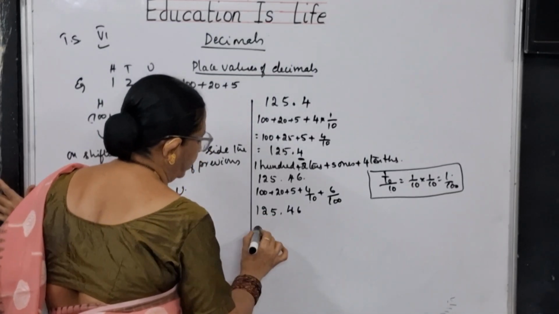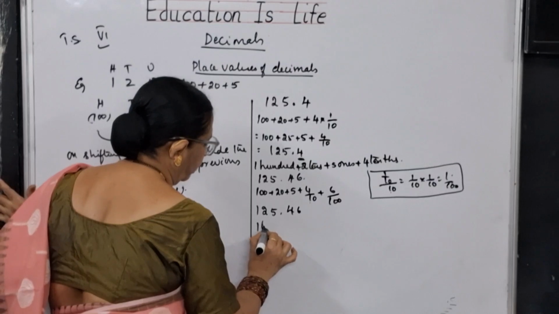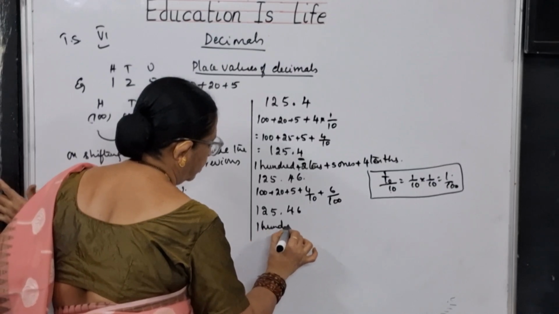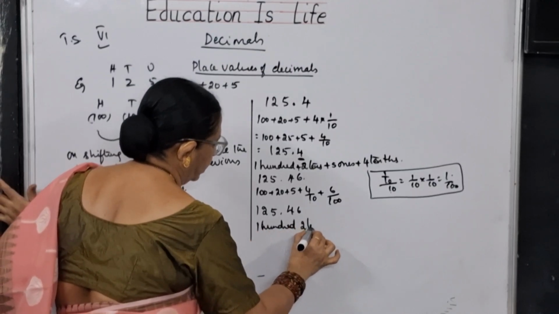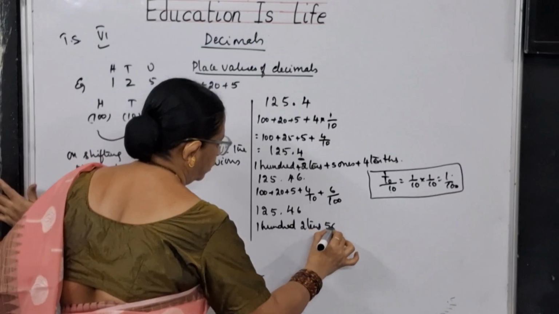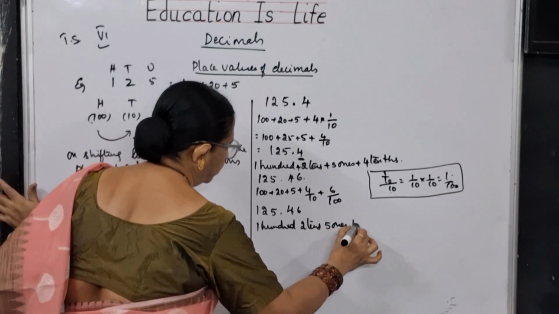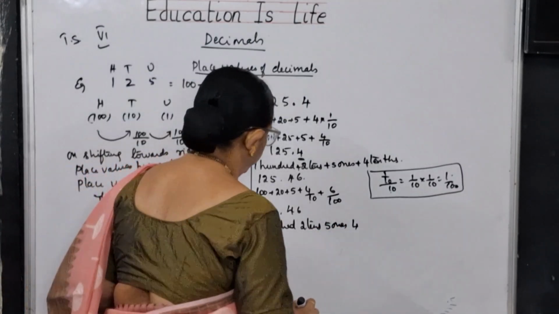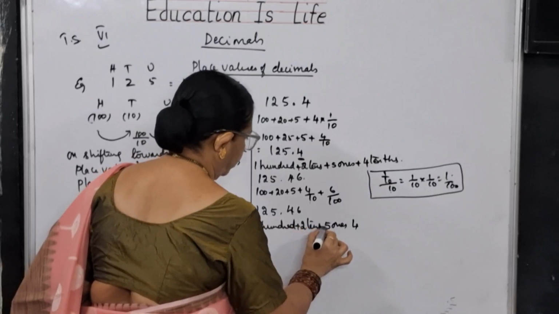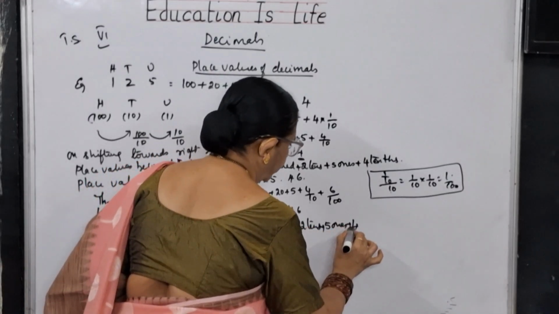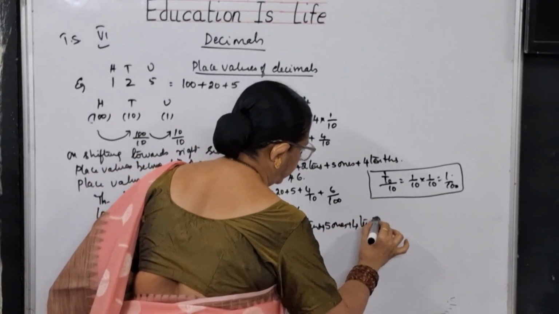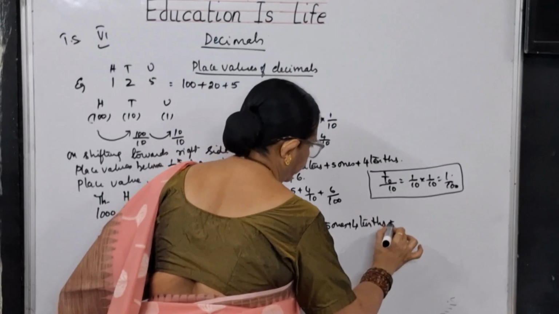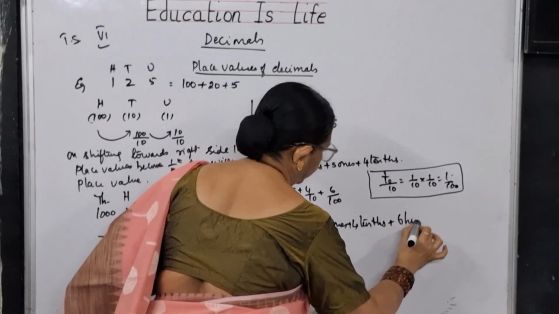125.46. You will be writing here as 100, 2 tens, 5 ones, and you will be adding 4 tenths, T-E-N-T-H-S, plus 6 hundredths.